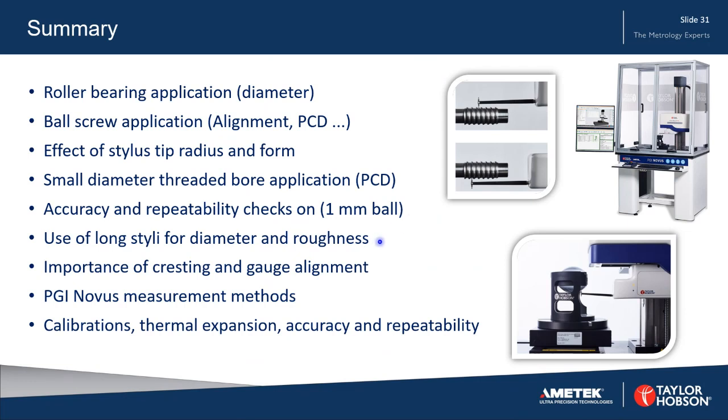We've seen how we can use long styli for diameter and roughness, and we can maintain the stylus force even on long styli. We've looked at the importance of cresting and gauge alignment, and we've had a look at the various methods using the column move or the direct gauge movement without moving the column, the different methods of measuring diameter while still maintaining very, very high accuracy.